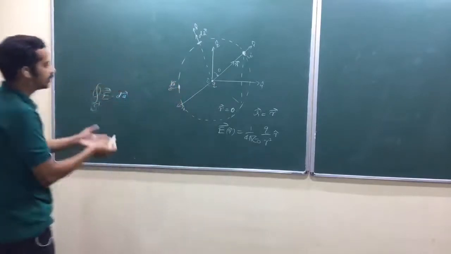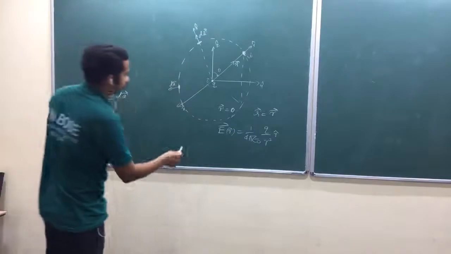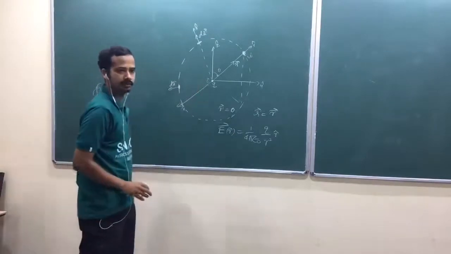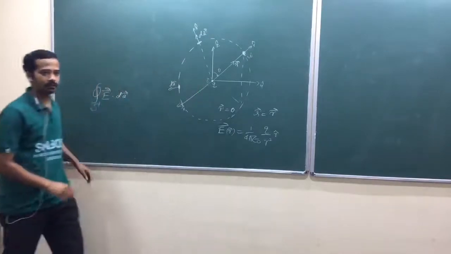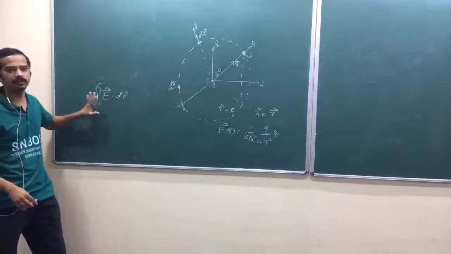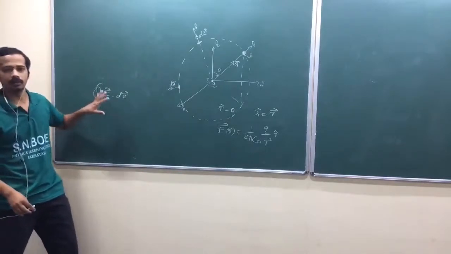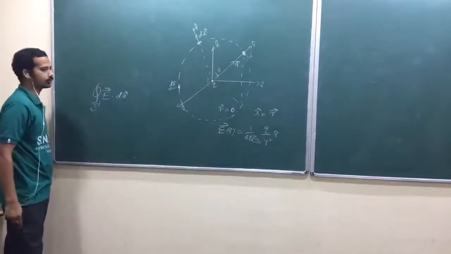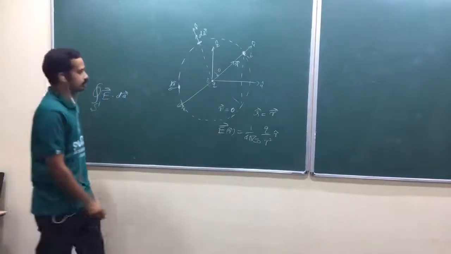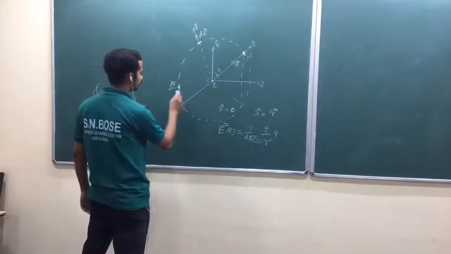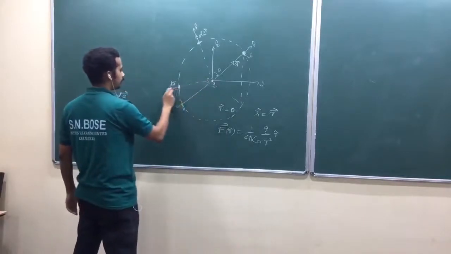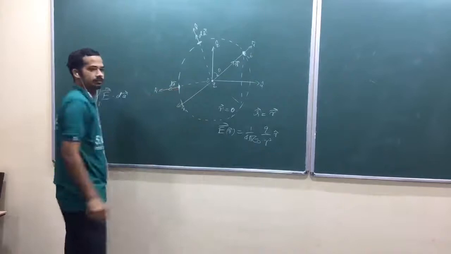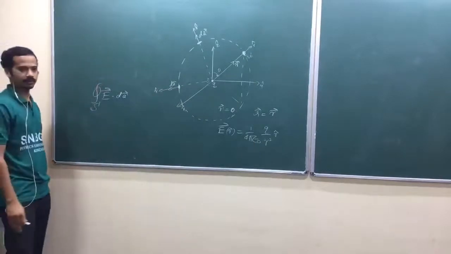So you have to imagine one closed spherical surface with Q at its center. Then if you want to do the surface integral of the electric field, that means I am trying to find the total electric flux through that closed surface. At each point on that closed surface, your dA vector and your radial vector both are in the same direction.